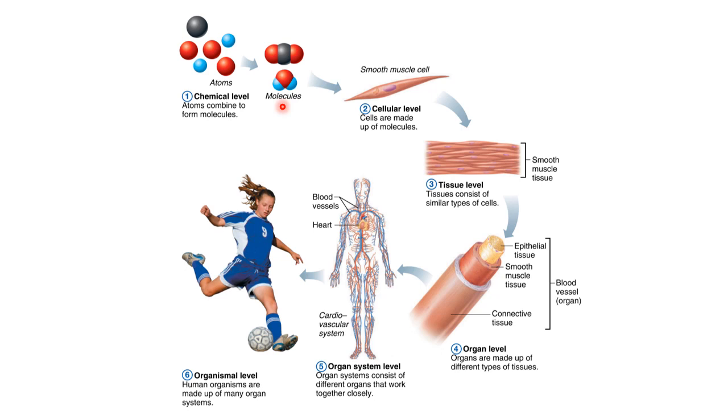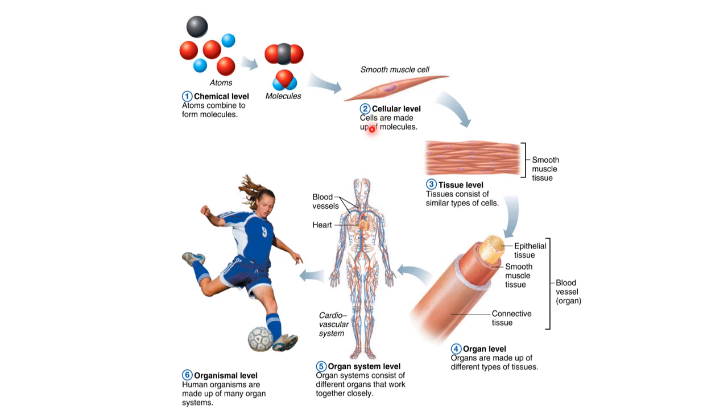For example, we have here a smooth muscle cell which has a plasma membrane surrounding it. That plasma membrane is made up of lipids, in particular phospholipids and cholesterol. So I hope you understood how macromolecules combine to form the components of the cell.